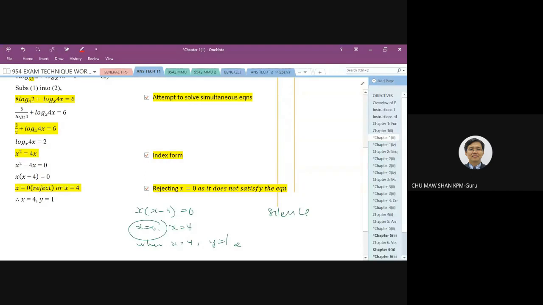When you are silent on that value and never indicate that you reject it, you will lose the mark. Even though it is correct, you already chose 4, right? No. Maybe it's incomplete work, right? Who knows, it might look like unfinished work. So you cannot keep silent on the values of x you obtain. You have to choose accordingly.